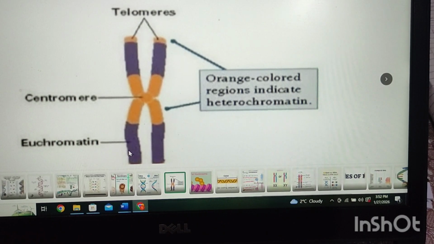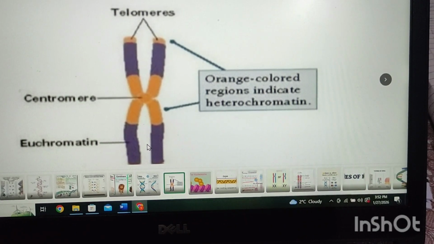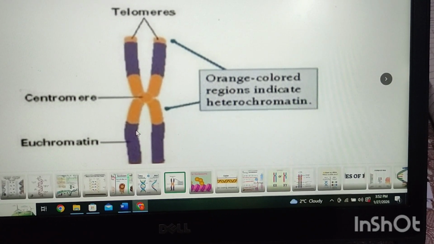It is DNA that is open, readable, and used for making RNA and protein synthesis. So this is known as euchromatin, the active site of DNA.